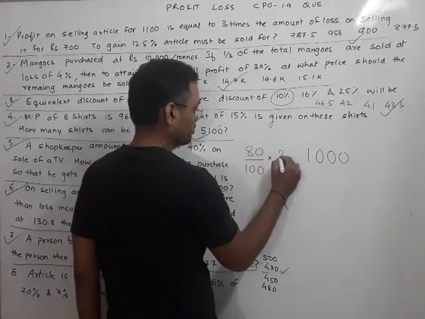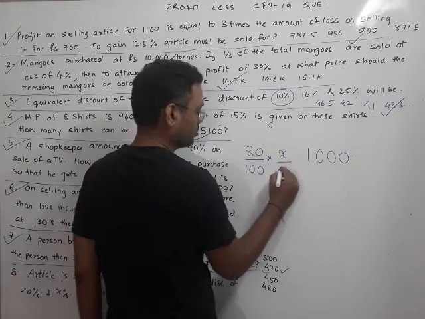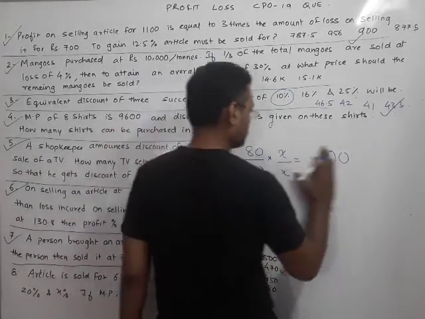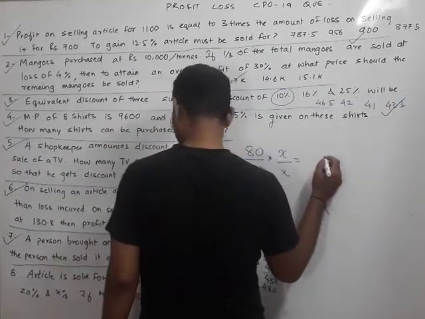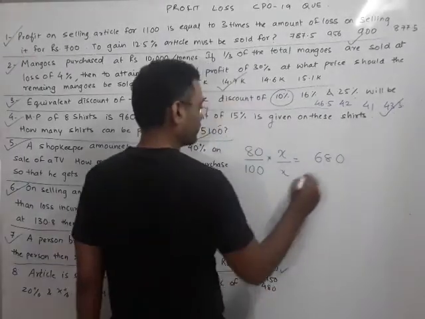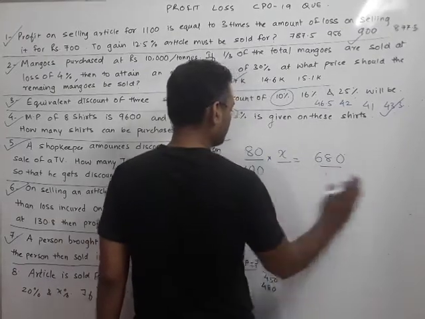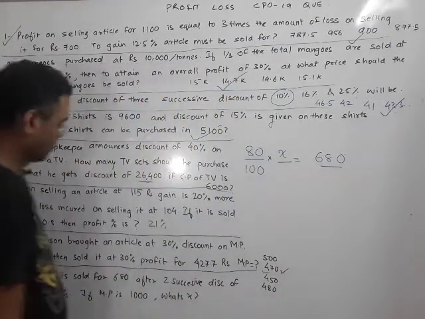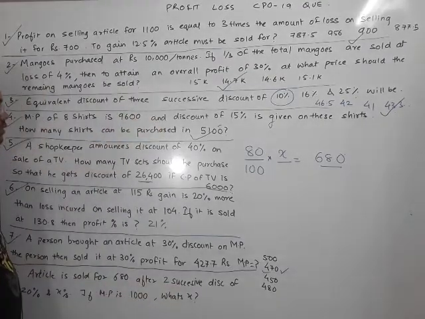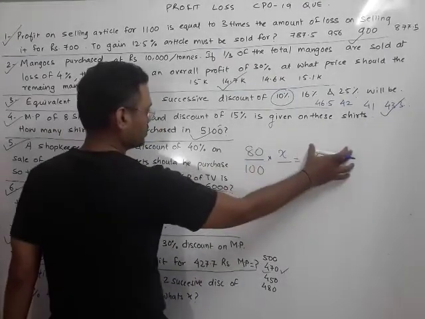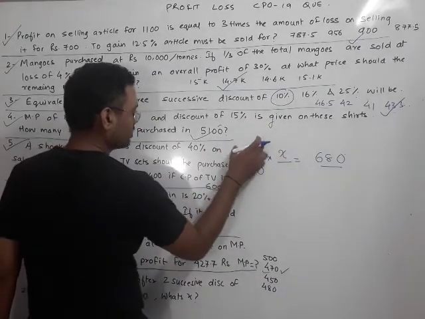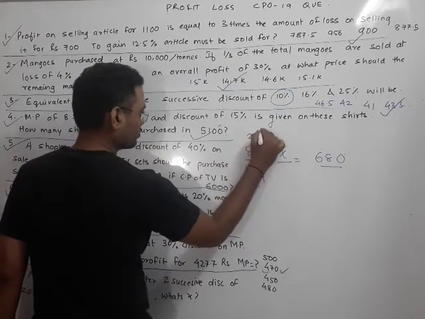The article is sold for 680 after 2 successive discounts, so my selling price is 680. What is the discount in that? 80% first discount. 80% is the actual cost, 20% is the discount.